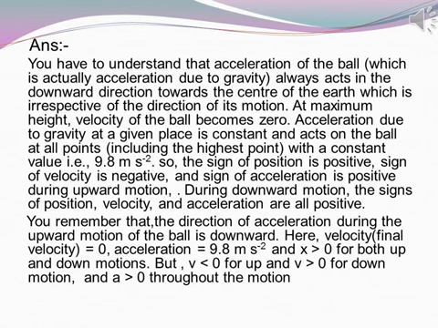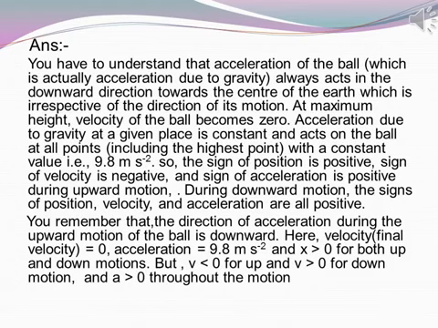At maximum height, the velocity of the ball becomes zero. Acceleration due to gravity at a given place is constant and acts on the ball at all points, including the highest point, with constant value, that is 9.8 meter per second square.